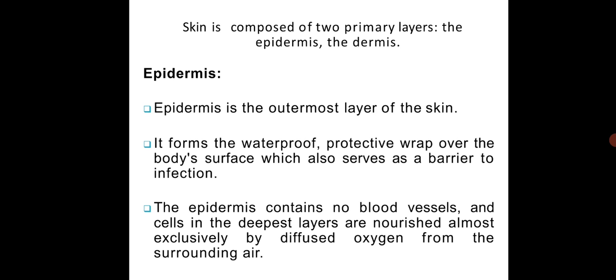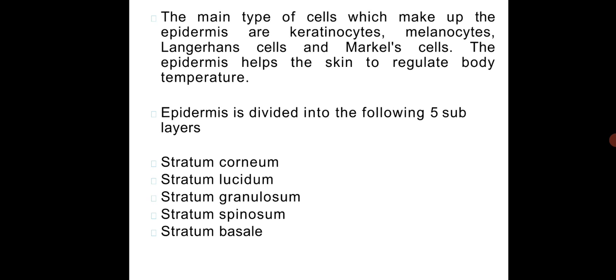So this layer will not get oxygen from blood vessels, but it receives it from the atmosphere. The main types of cells which make up the epidermis are keratinocytes, melanocytes, Langerhans cells and Merkel cells. Remember these four: keratinocytes, melanocytes, Langerhans cells as well as Merkel cells.